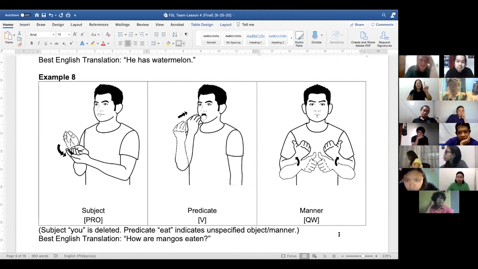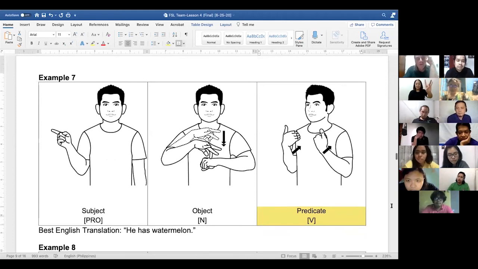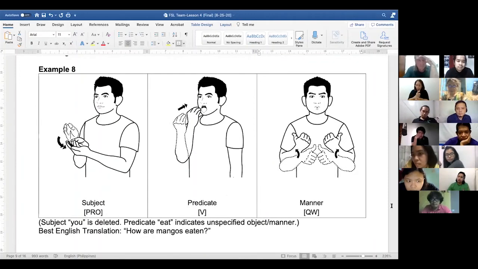My mind is not working well. Now go to number 8. Is the grammar in number 8 correct? What part of speech is Mongo?